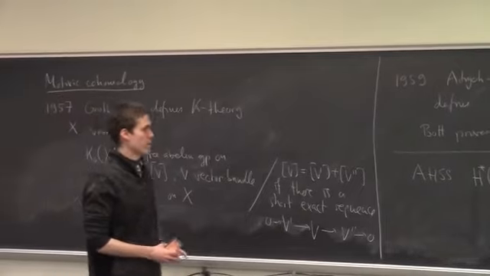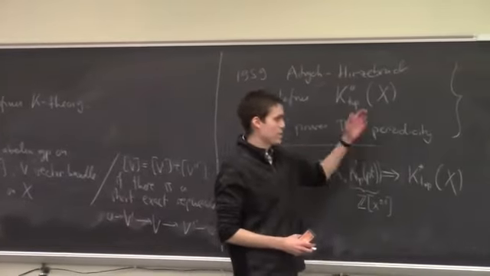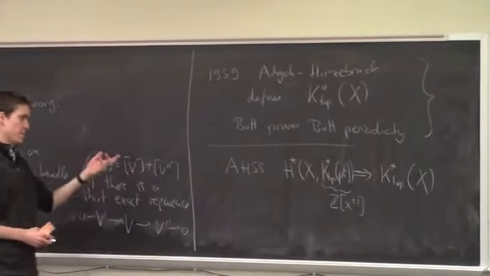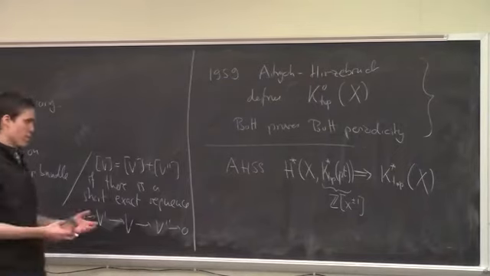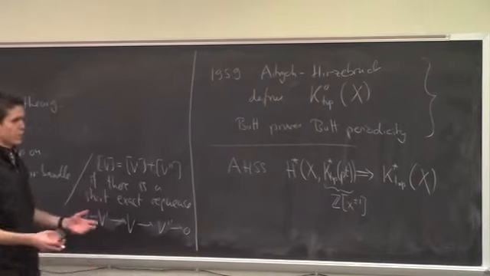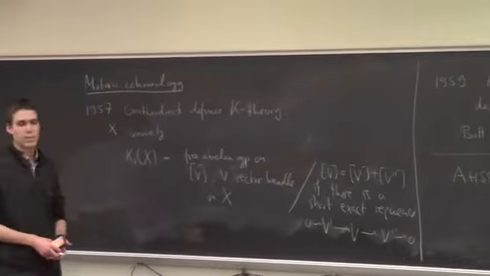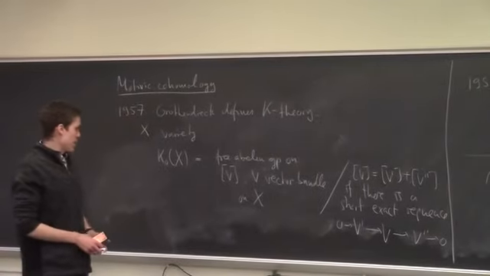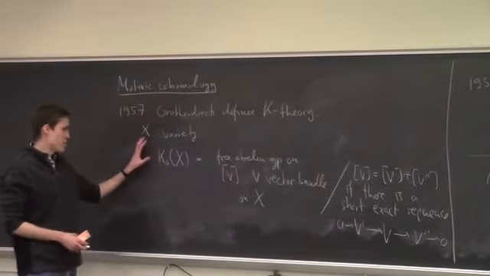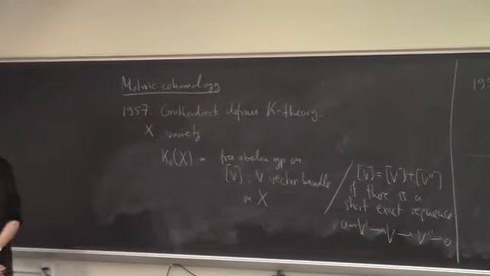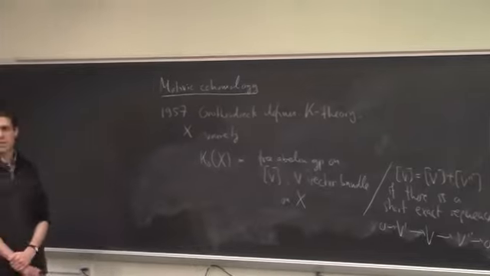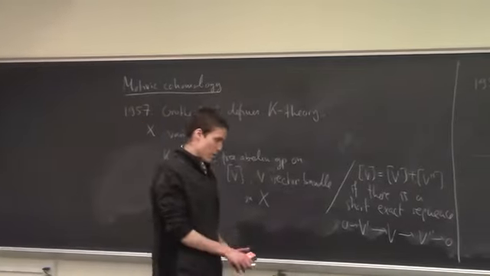And so because of this Bott periodicity result, this K theory just kind of exploded in topology. People were able to do tons of computations and prove lots of theorems using this new invariant. Whereas in algebraic geometry, we still only had this K0 group, and there's not much that we could do.